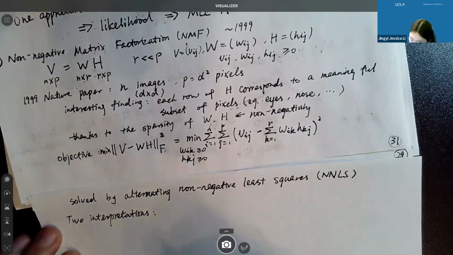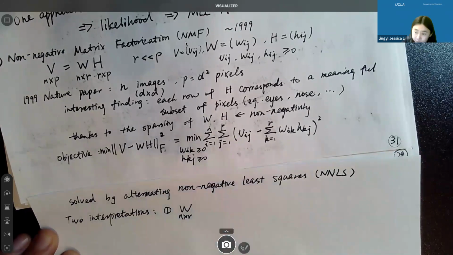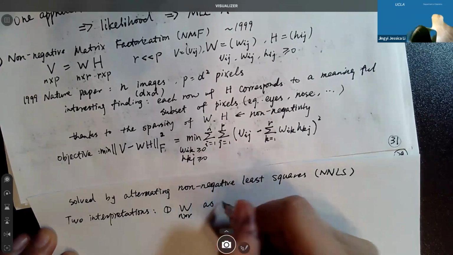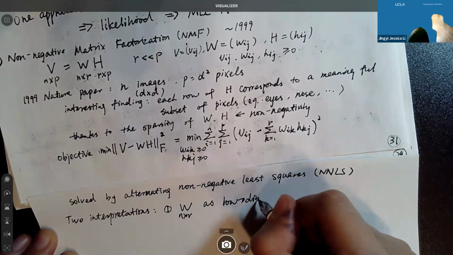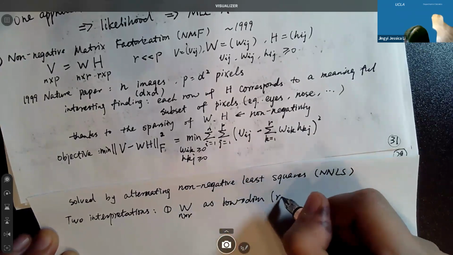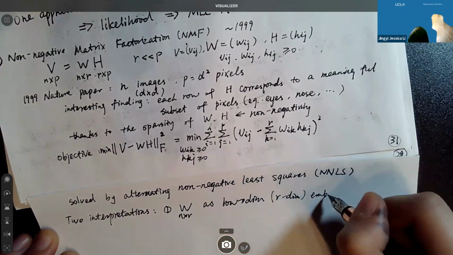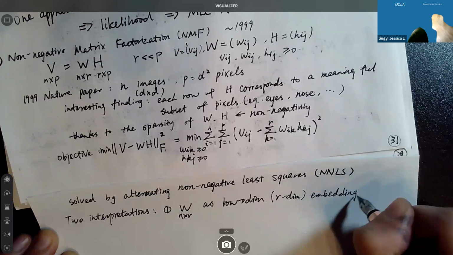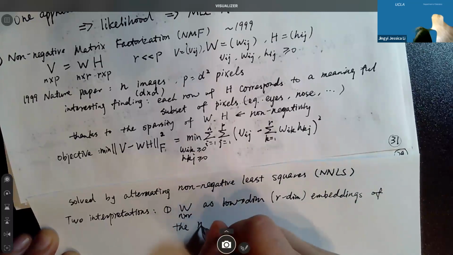One is that you can consider W, which is N by R, as low-dimensional embeddings of the N observations, where low dim means R-dimensional.